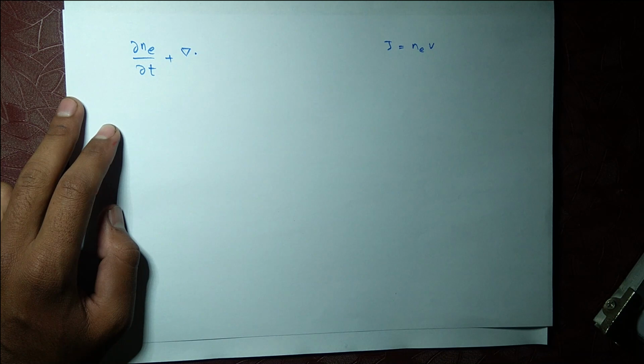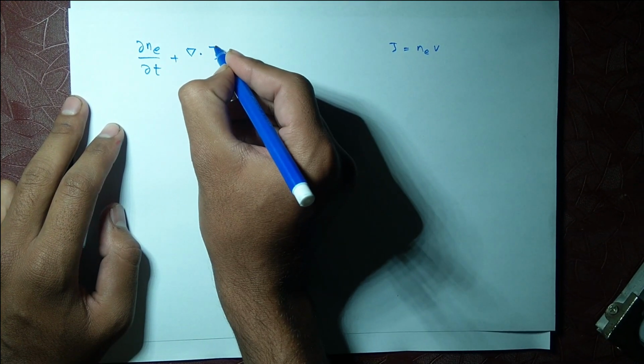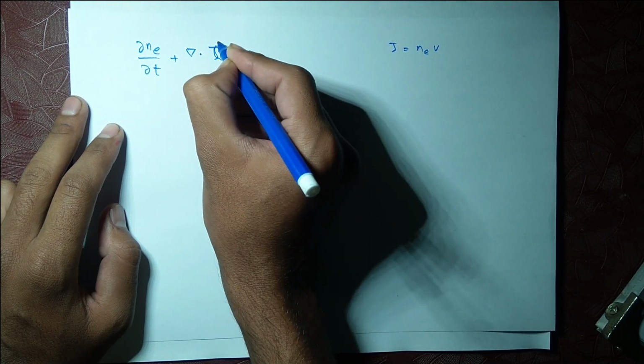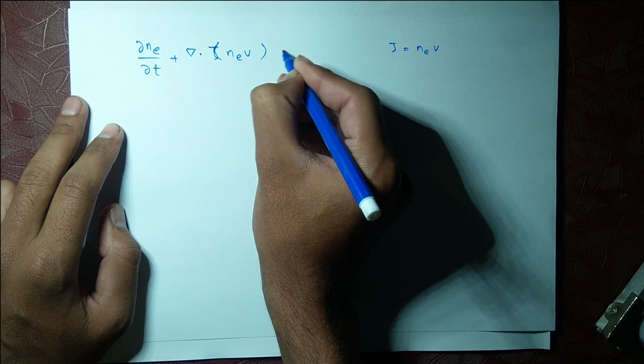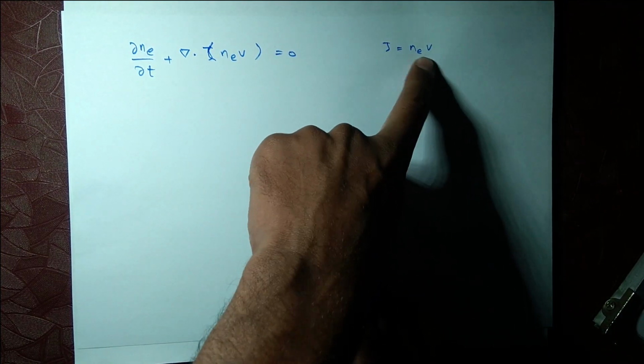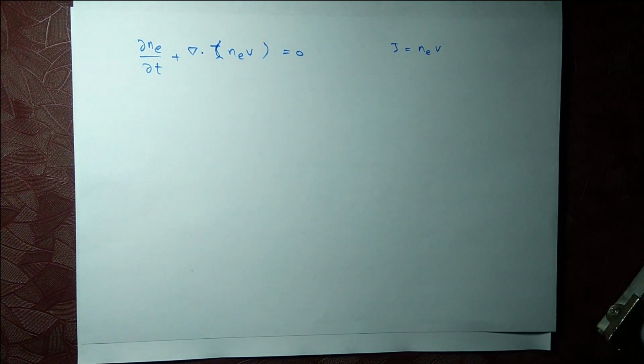The v is the drift velocity here, so we write nev for j and it equals 0.